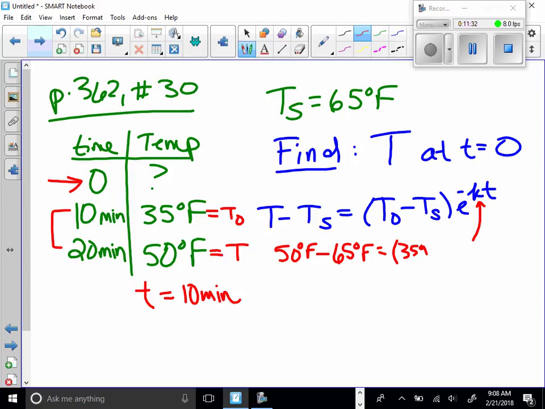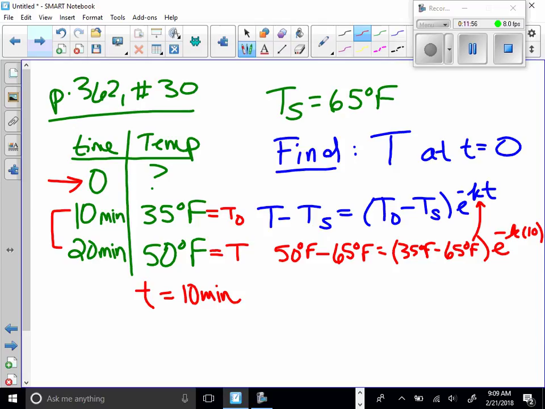T0 is 35 degrees Fahrenheit. TS is still 65 degrees Fahrenheit. E to the negative K times 10. So don't get rid of your negative signs just because you think they're weird looking.